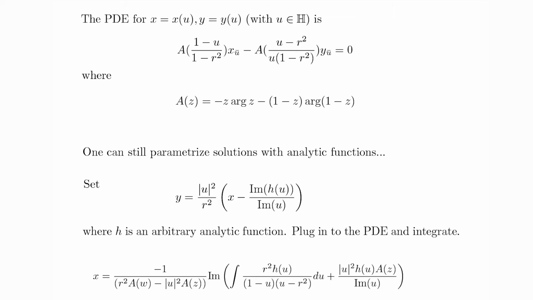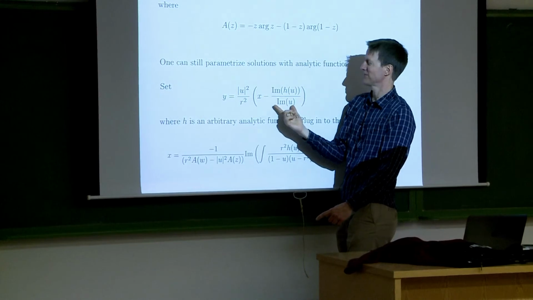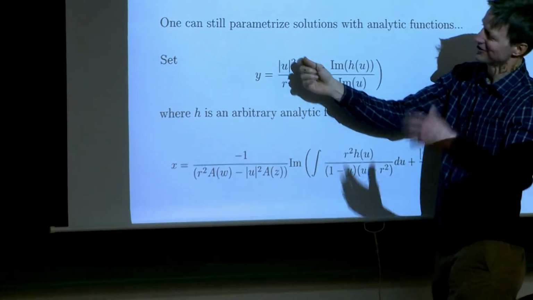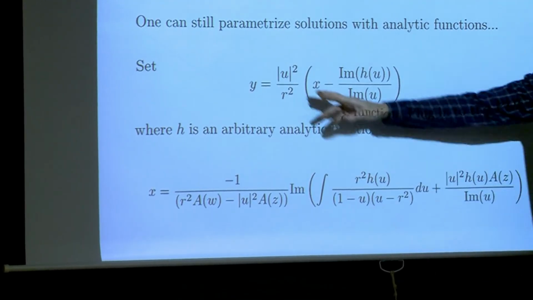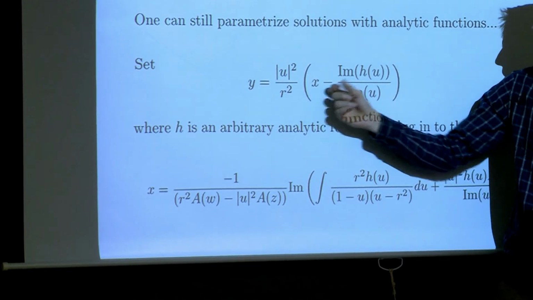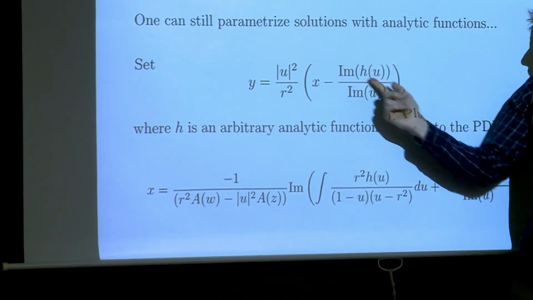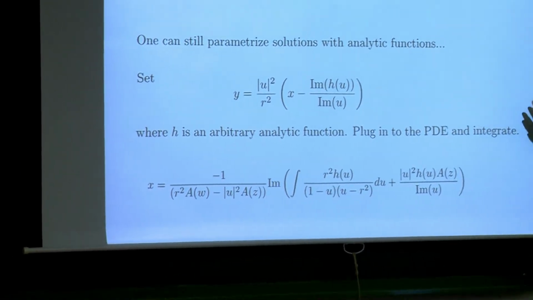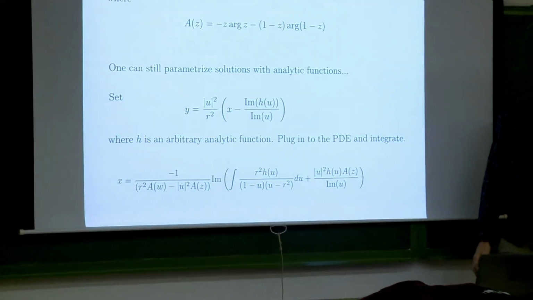Let me display the formula here. Ignore the top part of the slide, but here's x and y. You write y as a function of x. Think of u as just the variable z as before, some version of z, and you write y as a function of x, where this is an arbitrary analytic function, or if you like, a harmonic function, and then there's an explicit parameterization of the solutions with analytic functions.